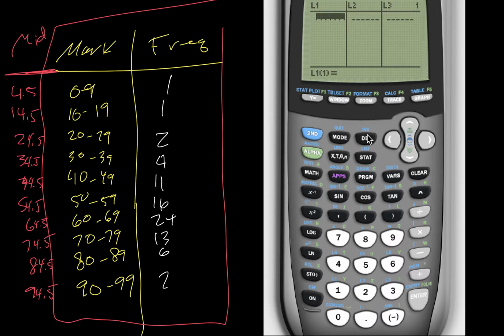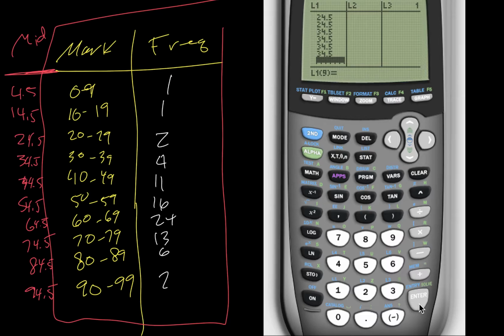Okay, so since we have 4.5, and then we have 14.5, and then there's two 24.5s. So I put that in twice, and then 34.5. There's 4. So 1, 2, 3, 4.